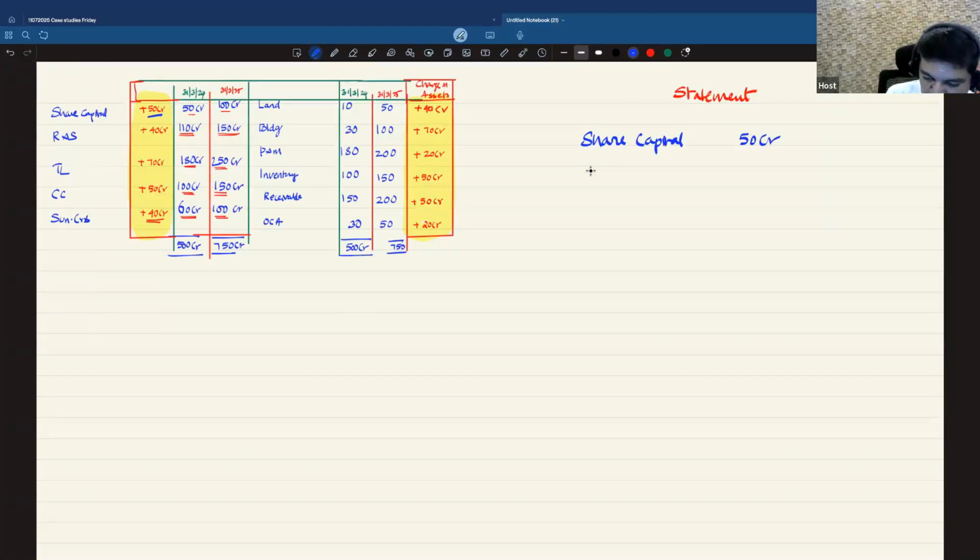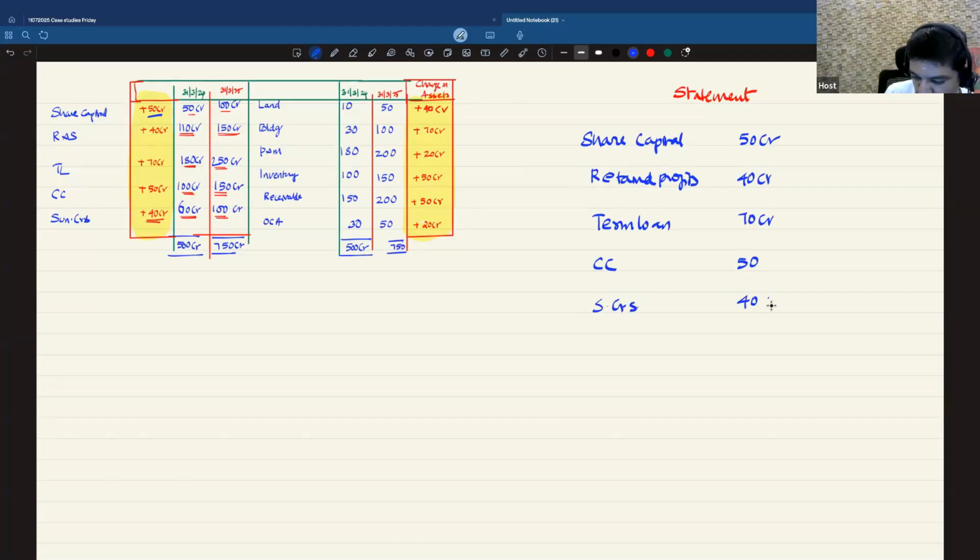How much money has come in because of retained profits? It is 40 crore. Okay. How much money has come because of term loan? It is 70 crore. How much because of cash credit? 50 crore. How much because of sundry creditors?